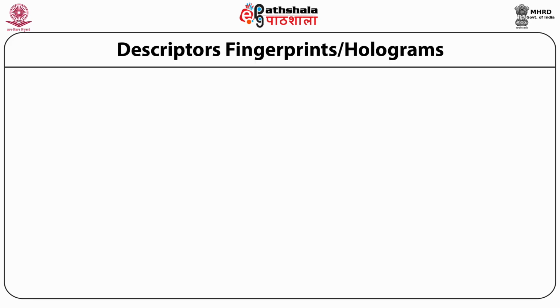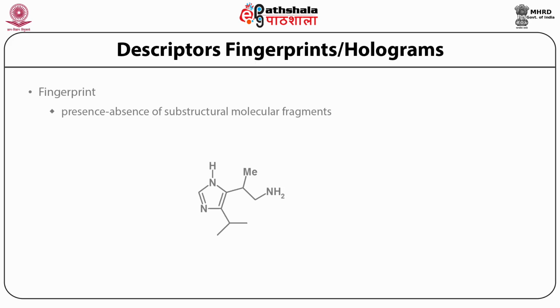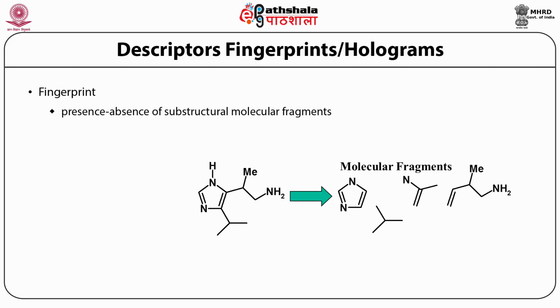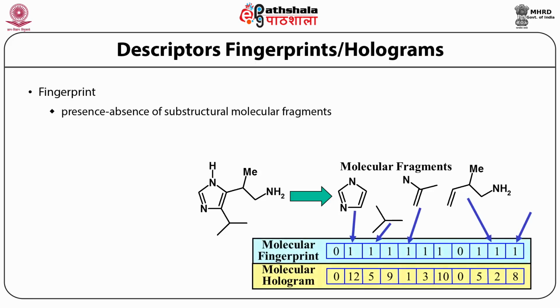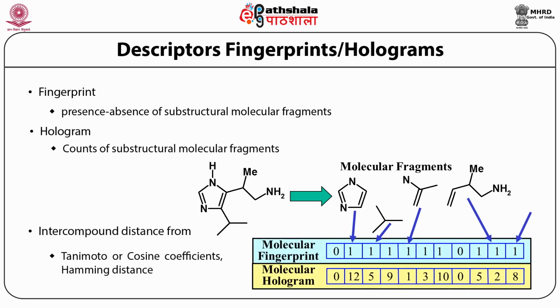First, we took the fingerprint, which says whether that fingerprint is there or not. Then we divided into molecular fingerprint, and the hologram fingerprint gives not only the numbers but also how many times it has occurred in that particular molecule.